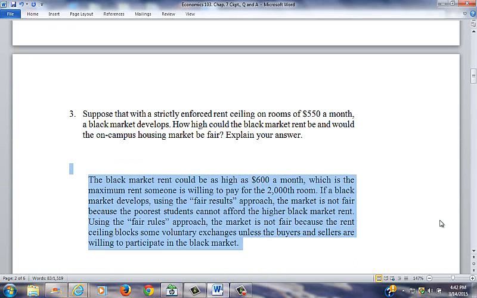If a black market develops, using the fair results approach, the market is not fair because the poorest students cannot afford the higher black market rent. Using the fair rules approach, the market is not fair because the rent ceiling blocks some voluntary exchanges unless the buyers and sellers are willing to participate in the black market.